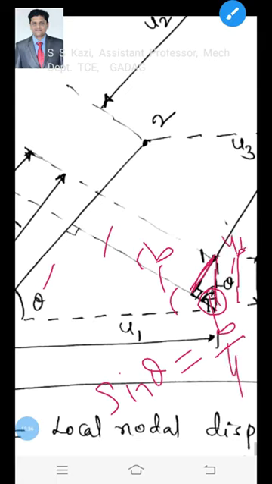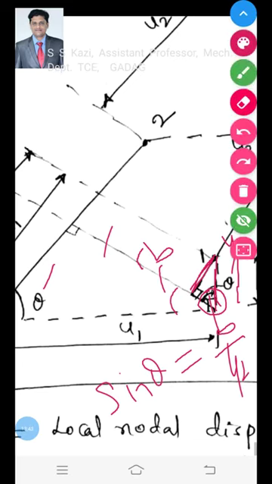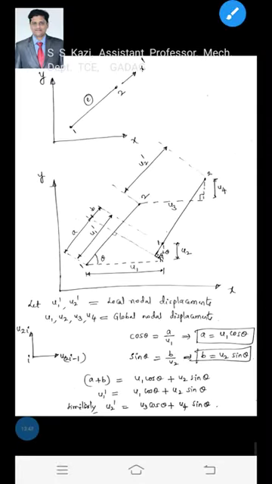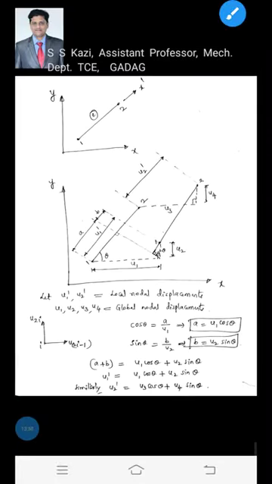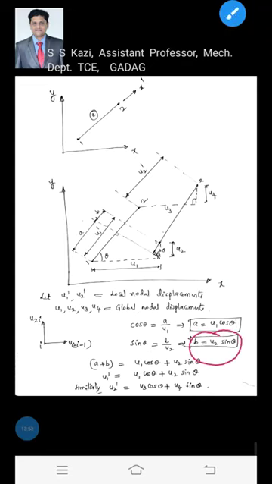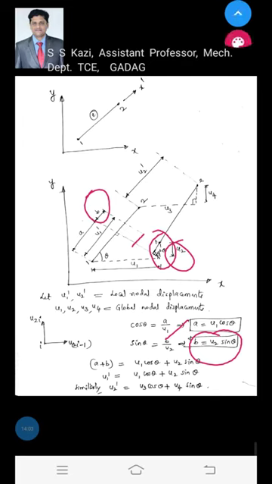So sine theta is equal to B by u2, hence B is equal to u2 sine theta, by considering this right angle triangle.